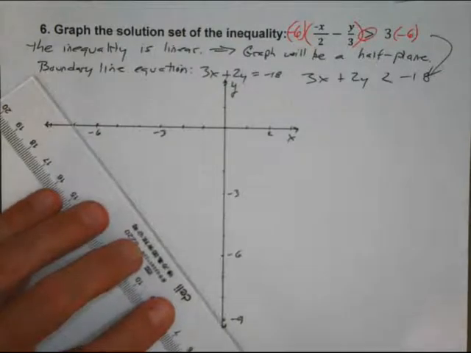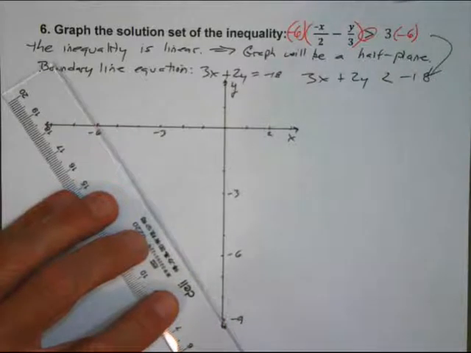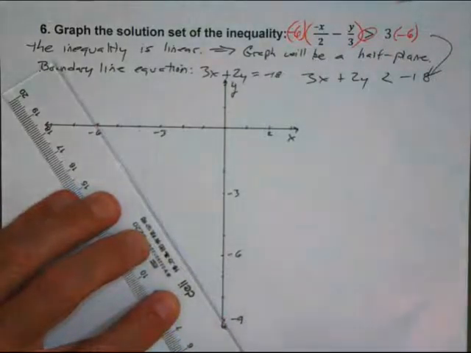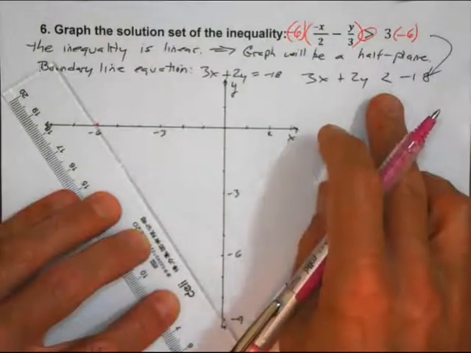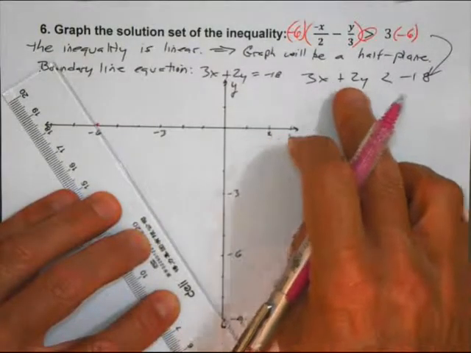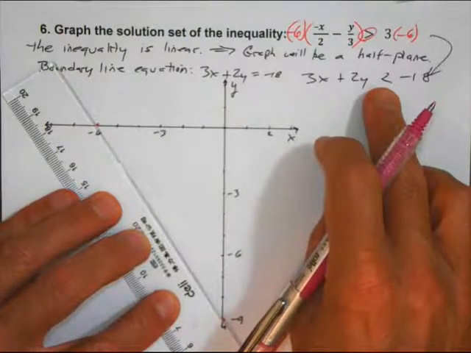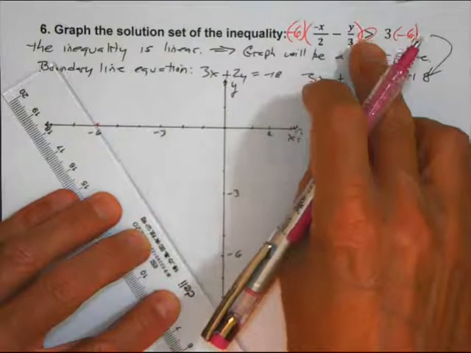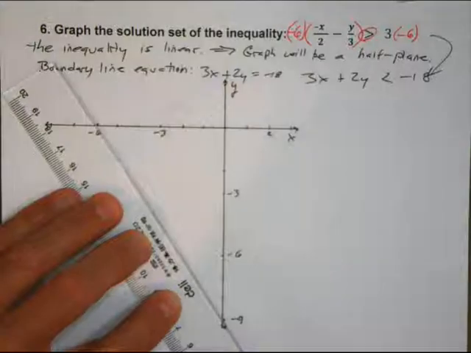Now, when we graph this boundary line, got to consider, are these solutions as well? The answer is no, because the original inequality had a greater than sign, no equals, and the version we're looking at is a less than sign, no equals to. So this has to be a dashed line.